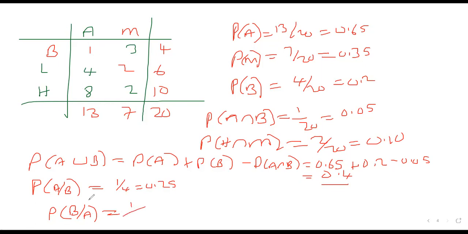But the total for A is 13. So 1 divided by 13, you get 0.08. So somebody tell me what is the probability of H given M? And what's the probability of M given L? Quickly. H given M?